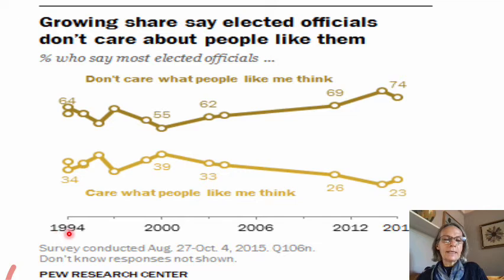Looking from 1994 to the latest data, from 2015, you see a growing increase in people feeling like elected officials don't care about them, and a decrease in the number of people who think that elected officials do care about them. So political efficacy is low, and it's continuing to get lower.